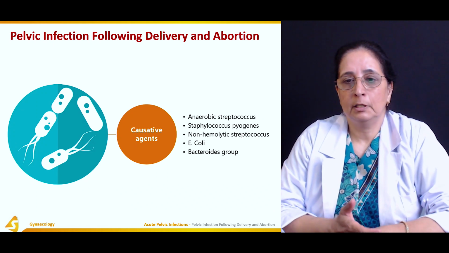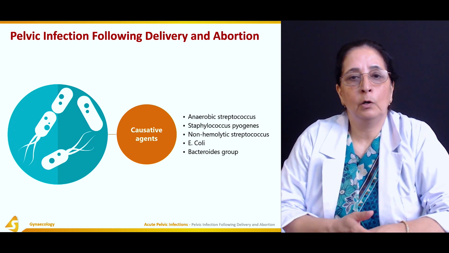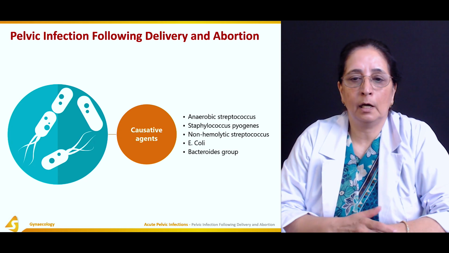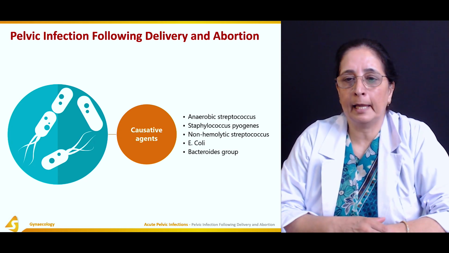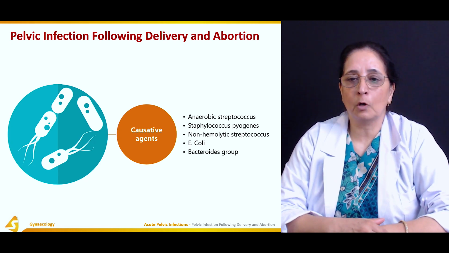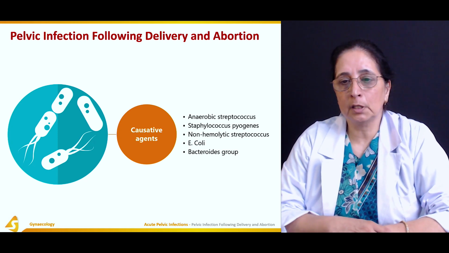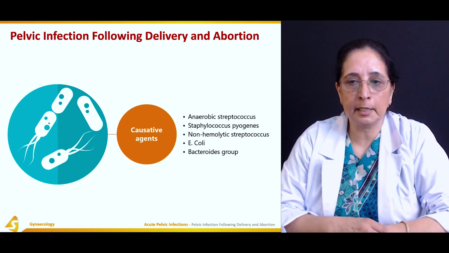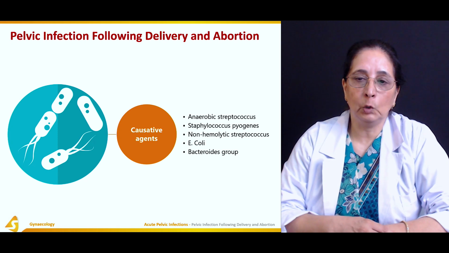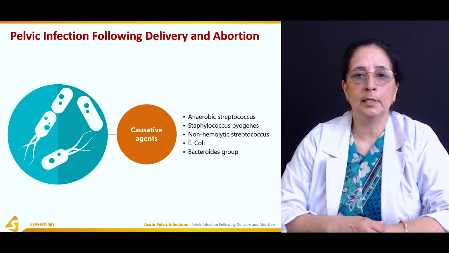Pelvic infections which follow delivery and abortion are usually caused by anaerobic streptococcus, staphylococcus, non-hemolytic streptococcus, E. coli, and Bacteroides group.